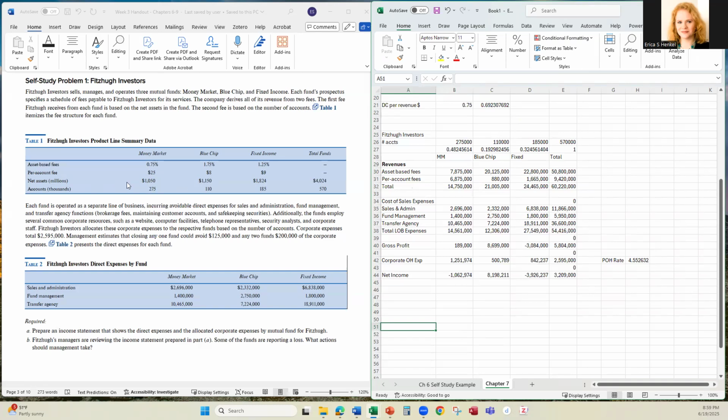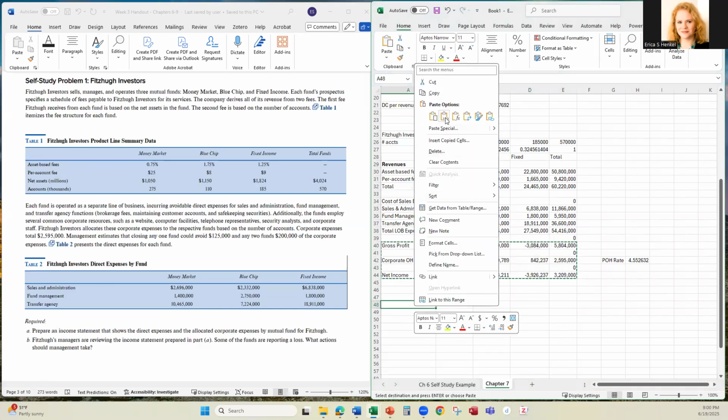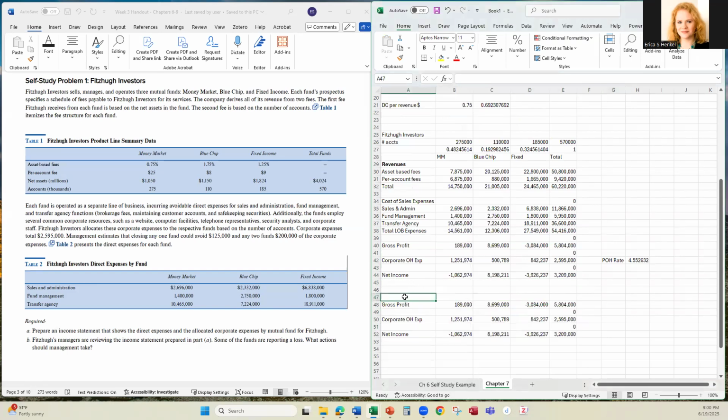Another potential method that they could do is to allocate it based on net assets. So I'm going to take these numbers here and I'm going to copy them down below. And this is based on per account allocation, right? What if instead of doing that, we allocate this based on the net assets here? So let's do this. I'm going to move this up here.